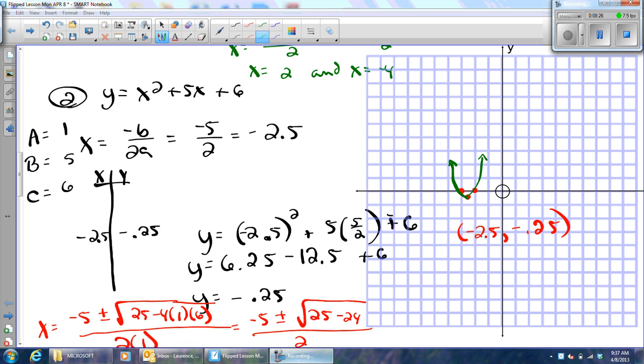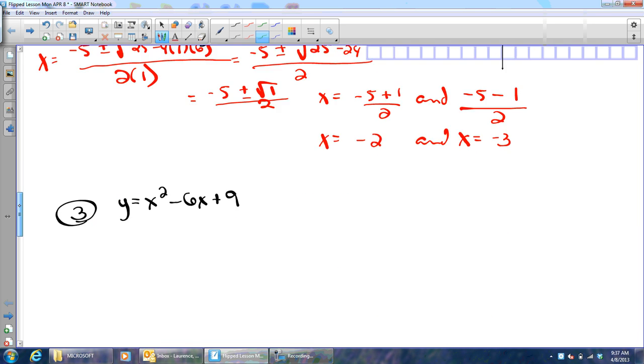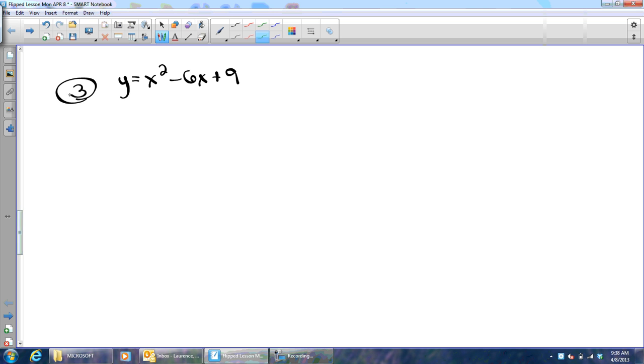All right, let's see how we're doing on time here. Okay, not too bad. So let's go down here, identify a, b, and c, and I get a is 1, b is negative 6, and c is 9. So I'm going to go x equals the negative of b, notice the 6 changes signs, over 2a, which means I'm going to get 3.